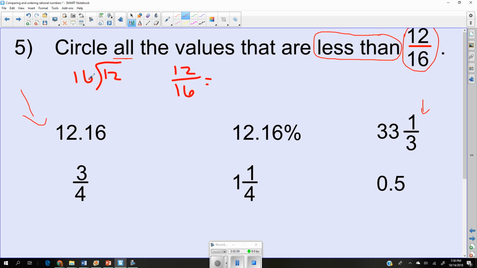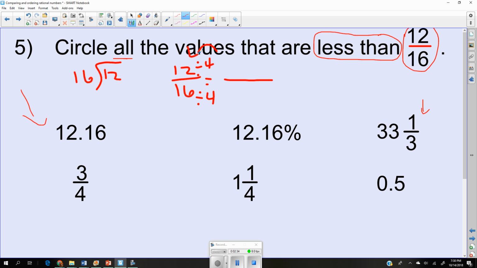And to reduce it, instead of multiplying our numerator and denominator by the same number, we're going to divide our numerator and denominator by the same number. So if you have a hard time with dividing, let's not think division. Let's think backwards, because the opposite or the inverse operation of division is multiplication.